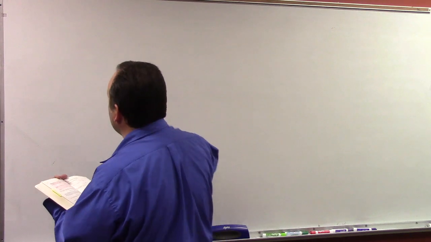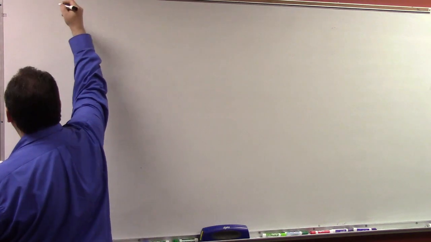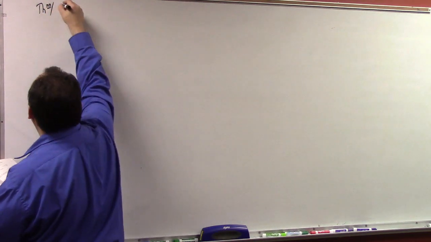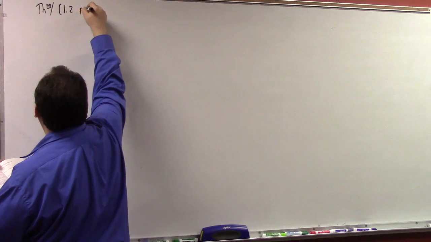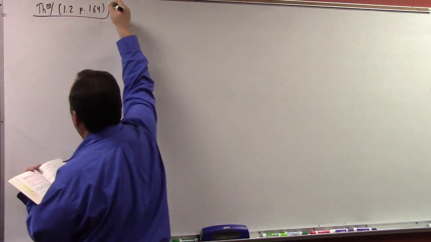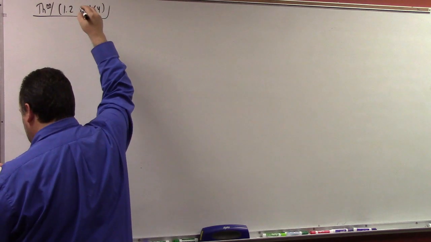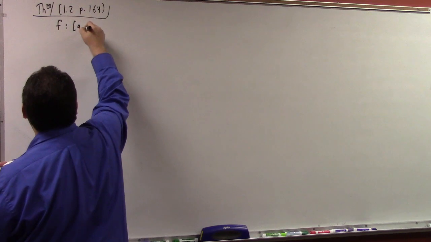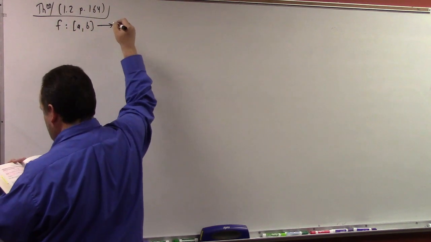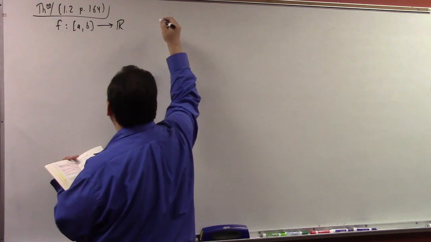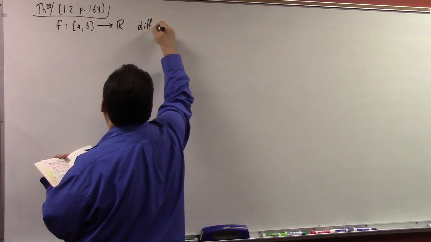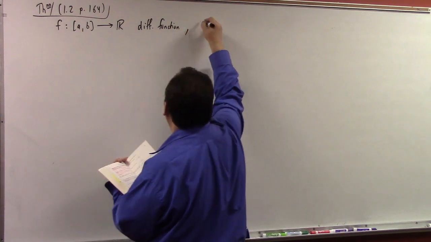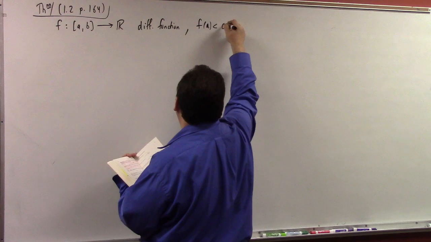So here's the theorem. This is Edwards' theorem 1.2 on page 164, okay? And so I won't prove all of this. I'll just try to do enough so you can understand it. So here we have f is a mapping from [a, b] to the reals, a differentiable function, and we're going to assume that f of a is less than 0 is less than f of b.